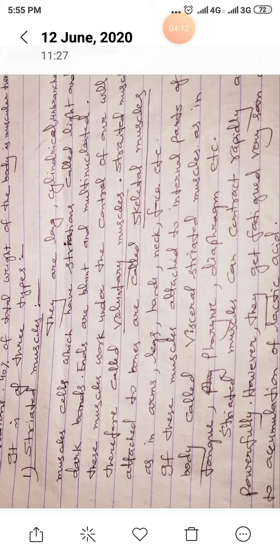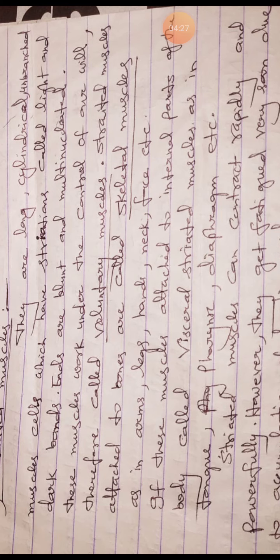Striated muscles can contract rapidly and powerfully. However, they get fatigued very soon due to accumulation of lactic acid. Lactic acid, we know, is the product of anaerobic respiration.